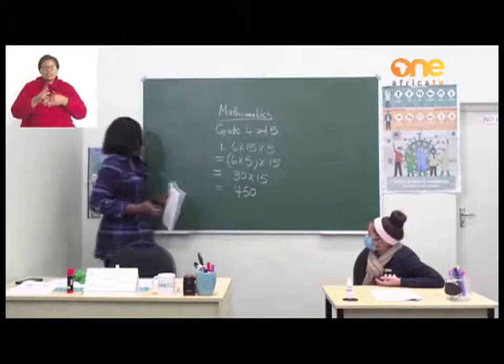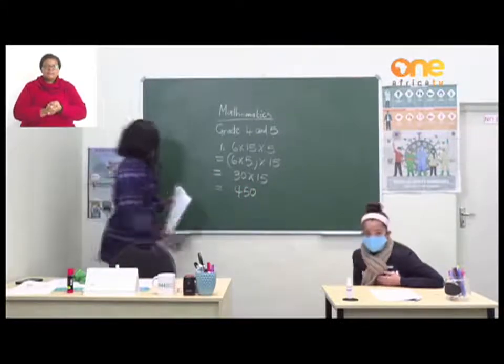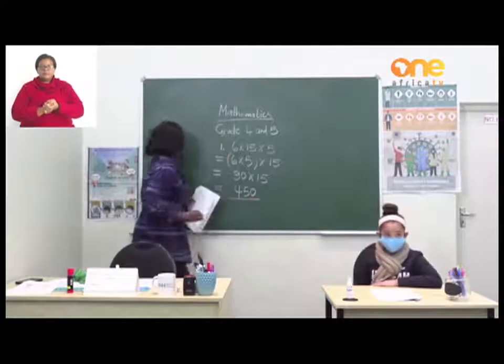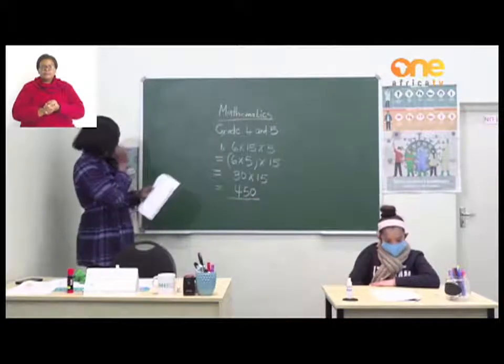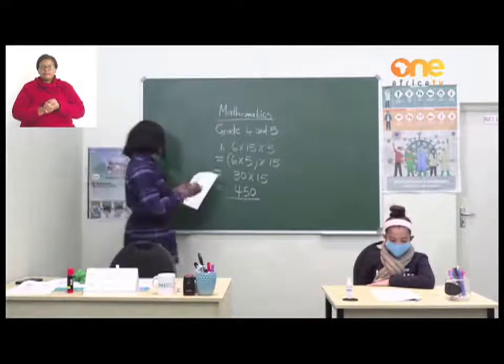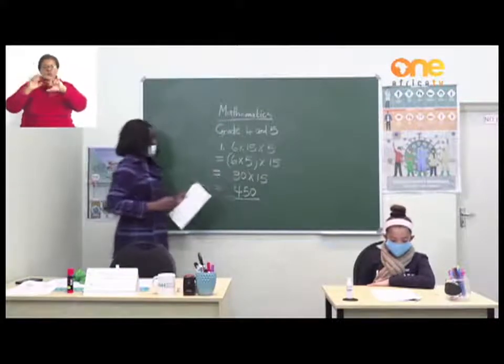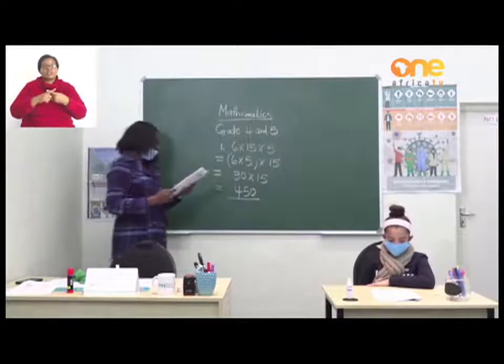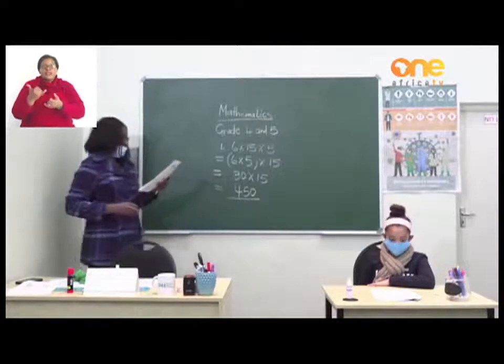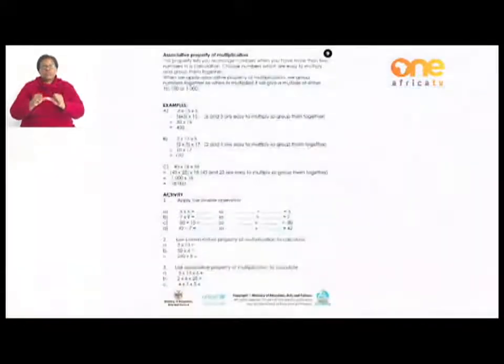Boys and girls, that is our final answer of 450. That is our product. So we are done to apply the associative property of multiplications. Boys and girls, I want you to go through the example of B, C, and when you are done with that, when you master the method, we can go for activity.